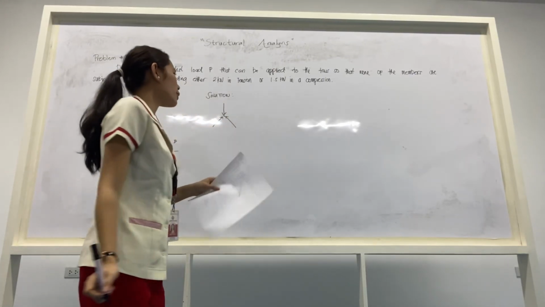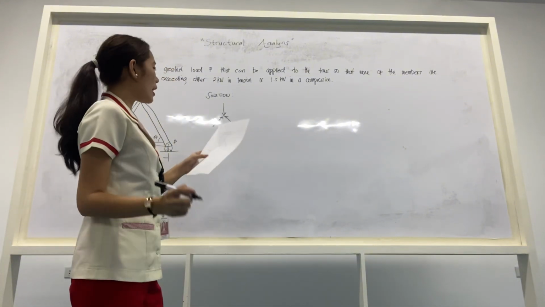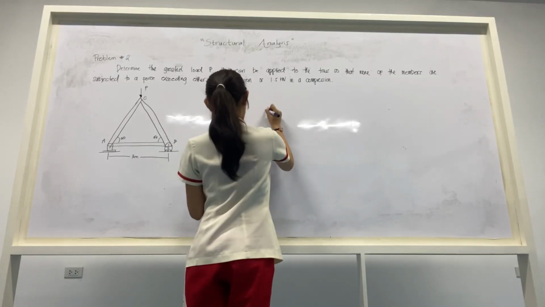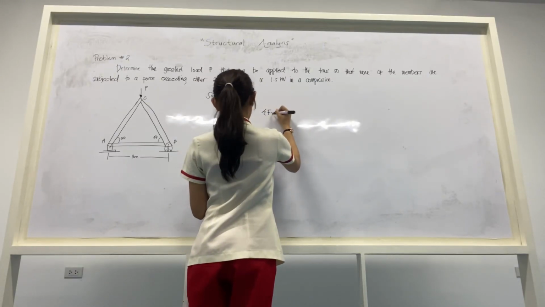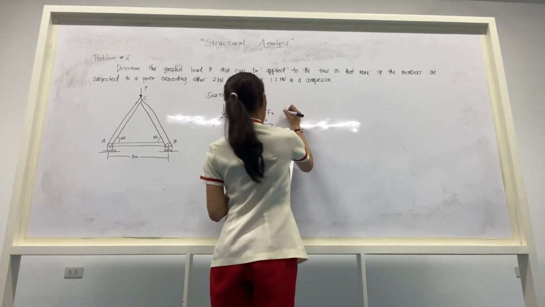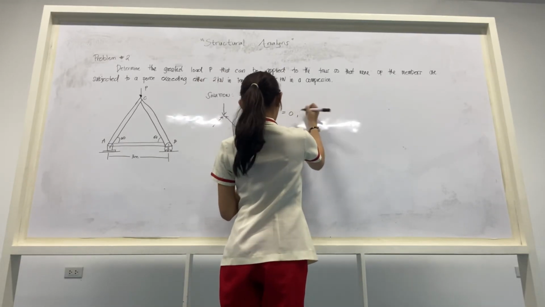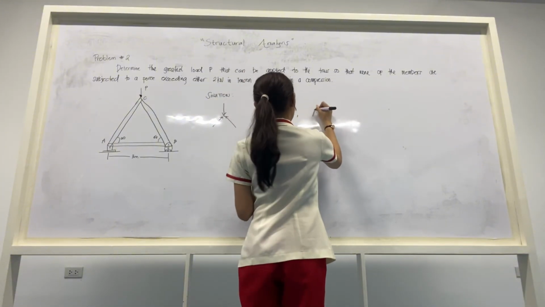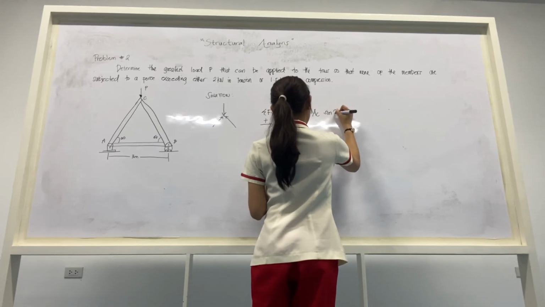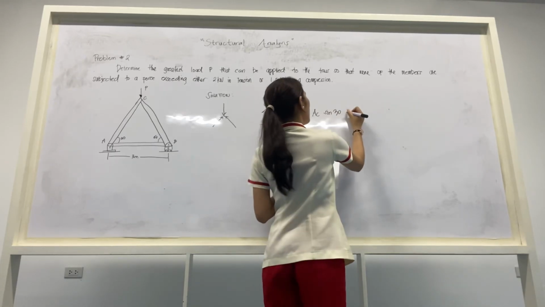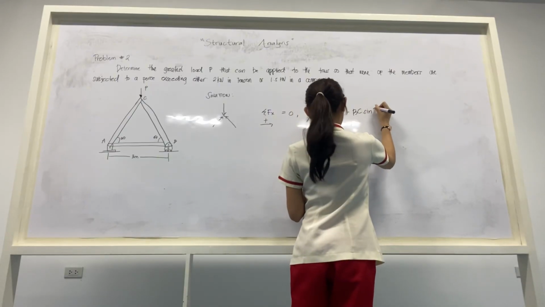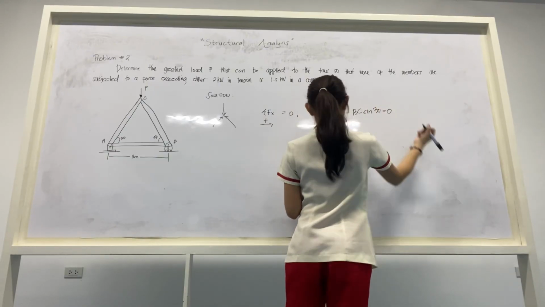Summation of Fx, horizontal, is equal to 0. Then we have AC sine 30 minus DC sine 30 is equal to 0.